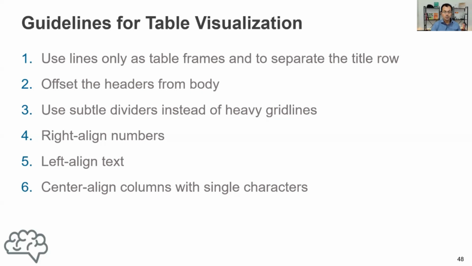By contrast, you should left align text, and the reason is because we read from left to right. So if you left align the text, then you have a natural order of reading the text within your table. And if you have columns with a single character or with the same number of characters in each cell, you can center align them.